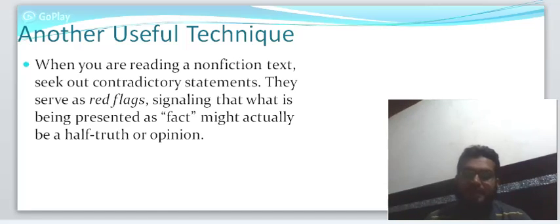So the presence of these contradictory statements means that the writer does not have enough evidence to declare certain statements as facts. Rather, they are half truths and meant to deceive the reader, or they are just the writer's opinion at best.